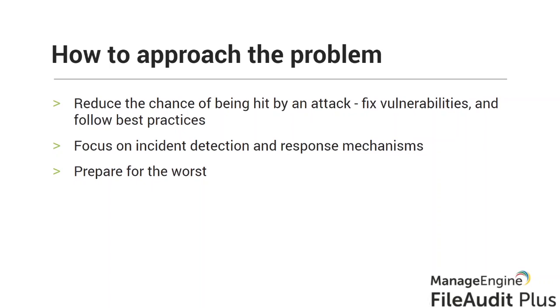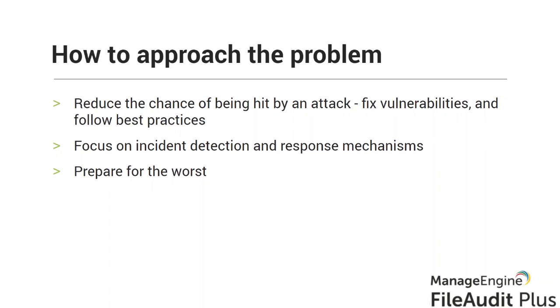So just like most cyber attacks, I say most cyber attacks you can stop by following these three guidelines, right? So you have to first look at reducing the chances of actually being hit by an attack, right? That is ideal.